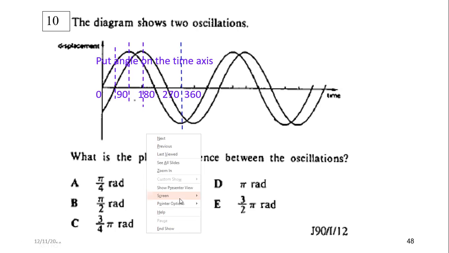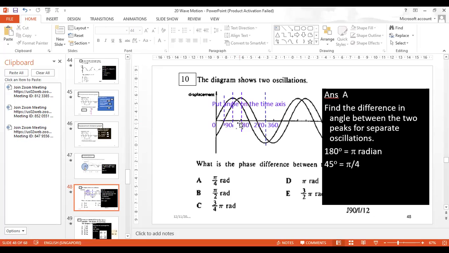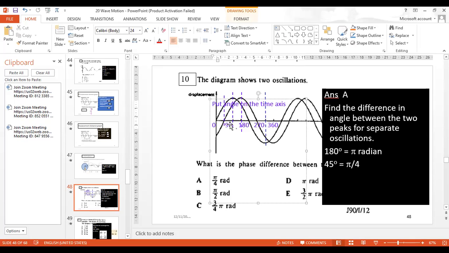Let me just adjust that. Okay, that's all. So phase difference, you just read the angle, that's all.